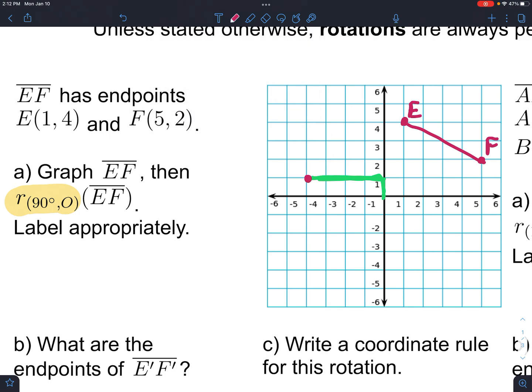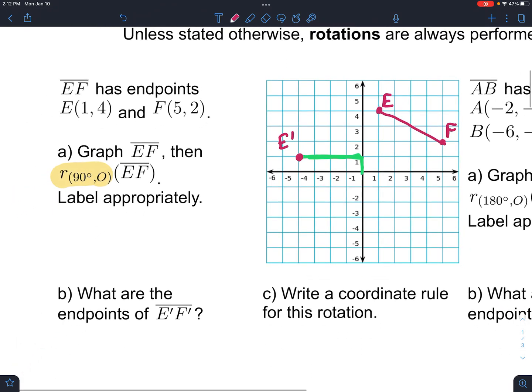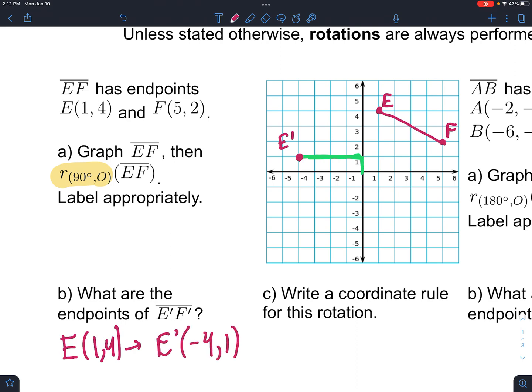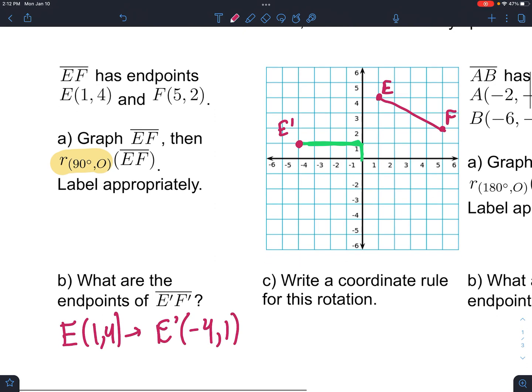So this would be how we place E prime. Okay, so down here, I would say E 1, 4 goes to E prime, which looks like it's at -4, 1. Okay, and F will do the same thing.